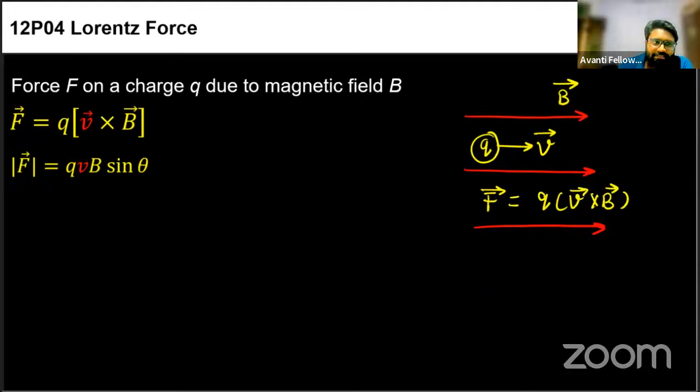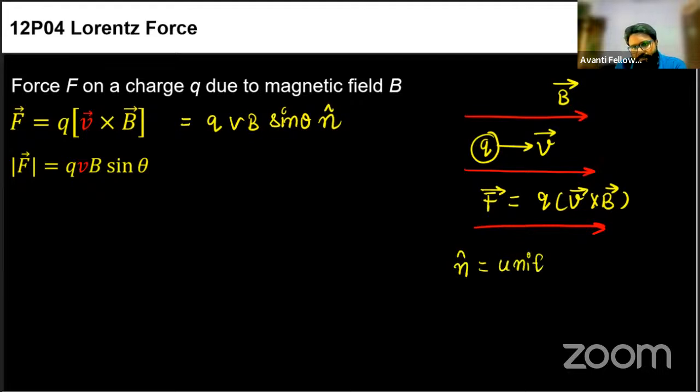If you open up this expression, it will become qvB sine theta. This is the magnitude, and if you open this fully, it will be qvB sine theta into n cap, where n cap is the unit vector perpendicular to both v vector, which means velocity, and B vector.